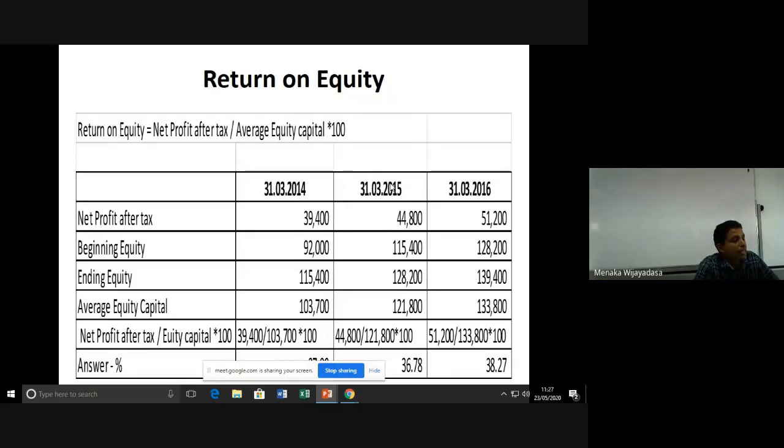Therefore, if you take it as an average, it will be very low. That is why we take these average balances, right? When you take average balances, you can easily avoid this as-at-date effect if there are exceptional situations, right?